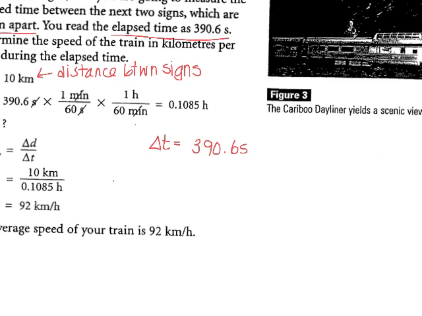So we know that there are 60 seconds in 1 minute. So we're going to multiply it by 1 minute over 60 seconds. And because we're dealing with fractions here, we're going to put this 390.6 seconds over 1.